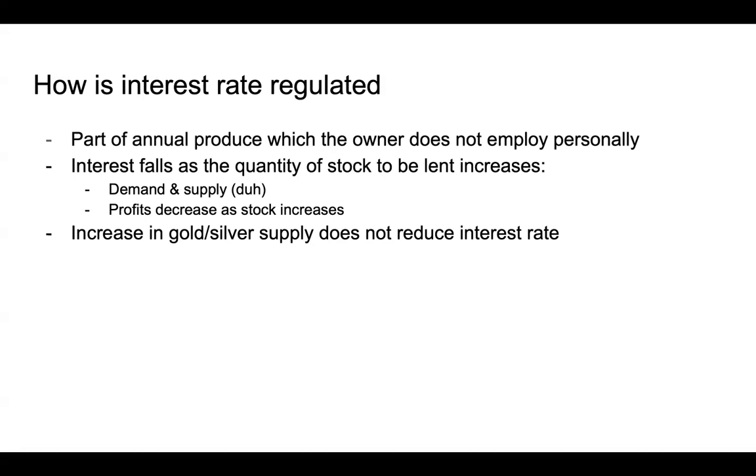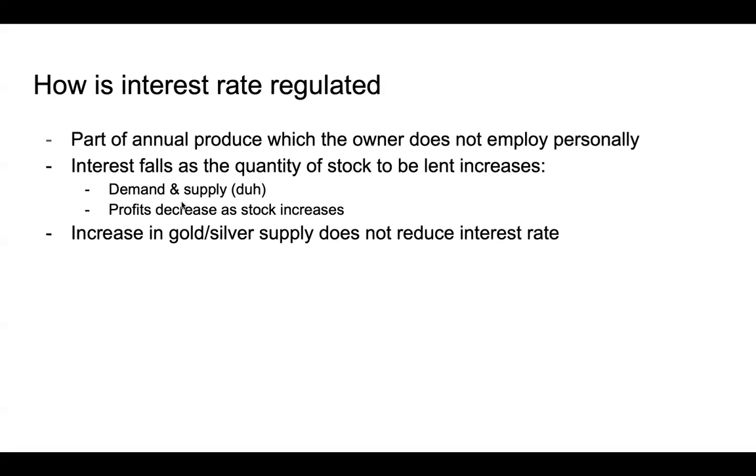So they are selling cheaper, and then also the wages of labor are going higher. That leaves little room for profits, right? So profits decrease as stock increases. And interest being regulated by profit, if profit falls, interest rate will fall. Just a recap from chapter 9 of book 1.